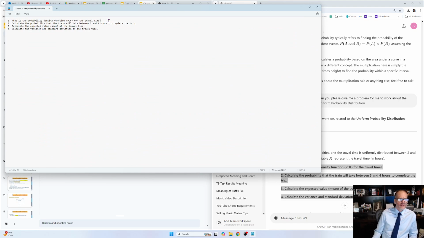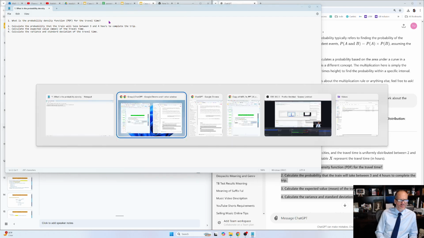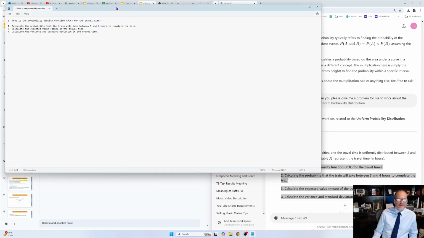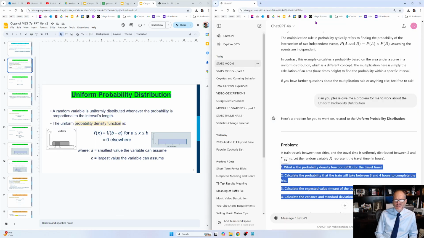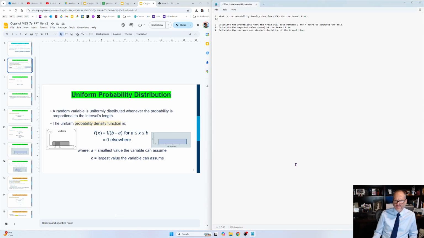The probability density function is going to be 1 over b minus a. So that's going to be equal to 1 over 5 minus 2, which is going to be 1 over 3.